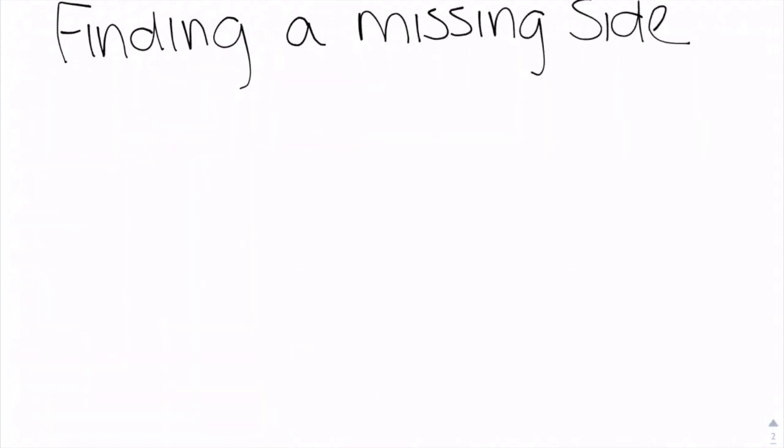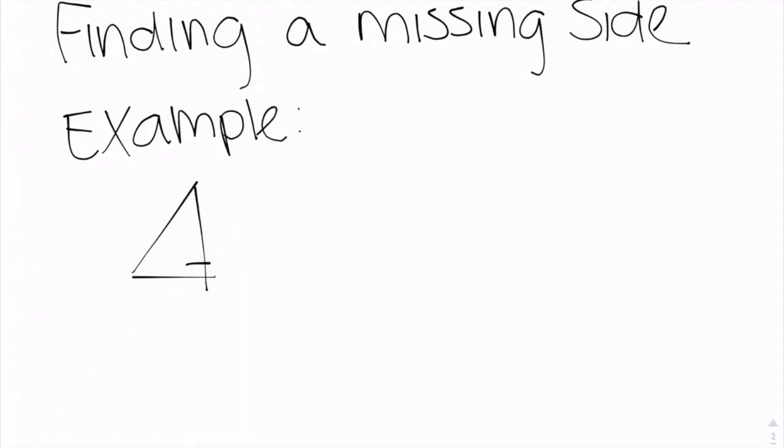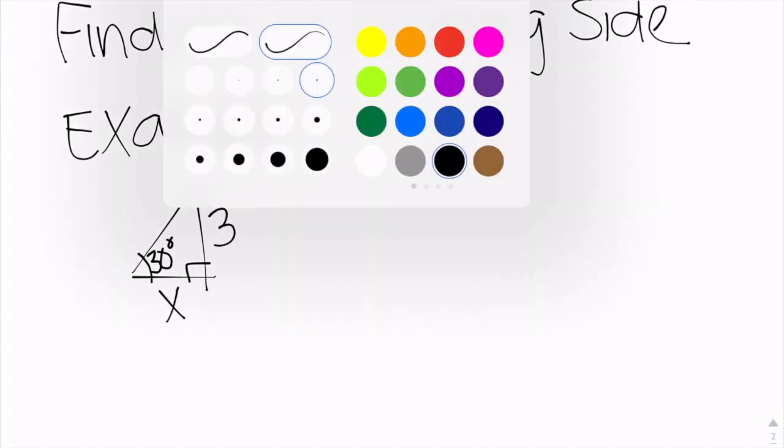Last example is finding a missing side. And so for finding a missing side, if you have the example where you're given the triangle and your angle is 30 degrees, then you have 3 and you're trying to find x.